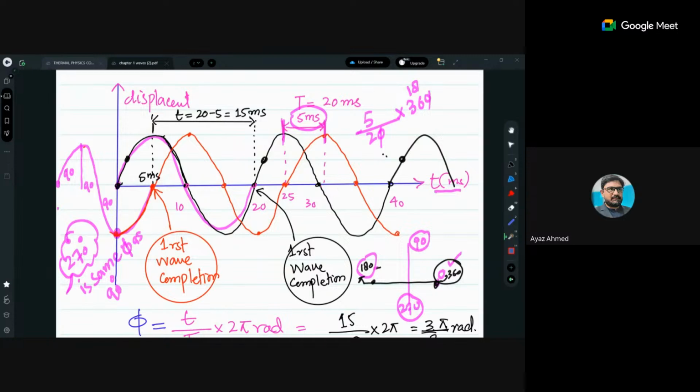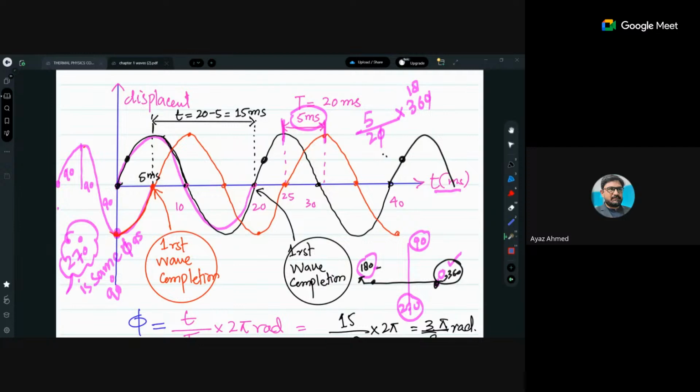But for the first wave, the particle was at minimum displacement, that is, at equilibrium position. So this wave is now in this way. Did you see? It has the same time period, 20 milliseconds, because its peak is started. Its peak, that is, crest and crest, have the same time period. As I told you, those waves which have the same frequency and same wavelength are called monochromatic waves.